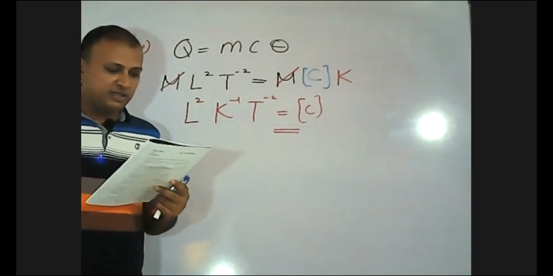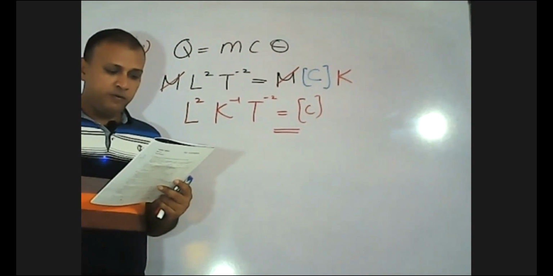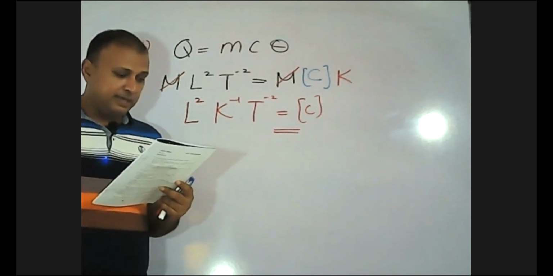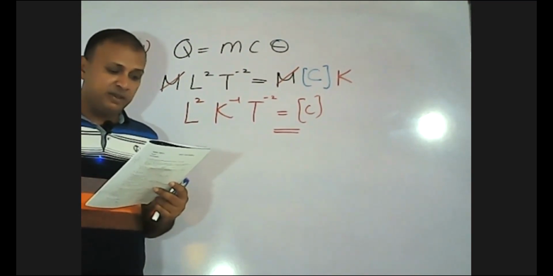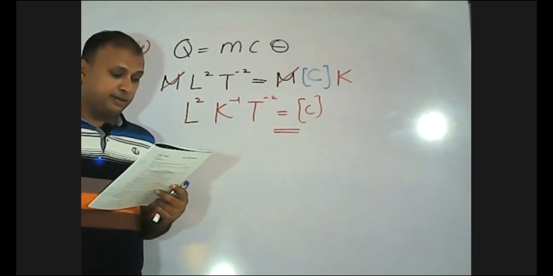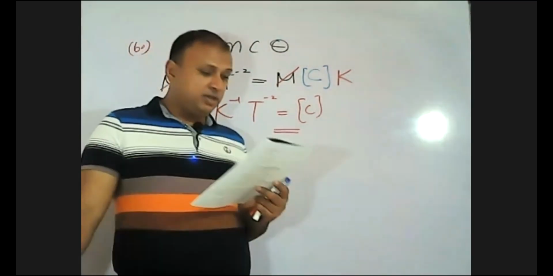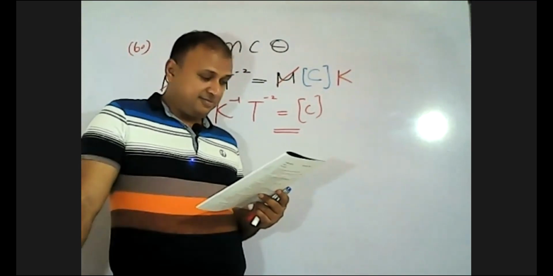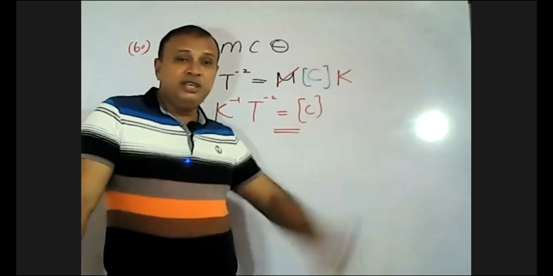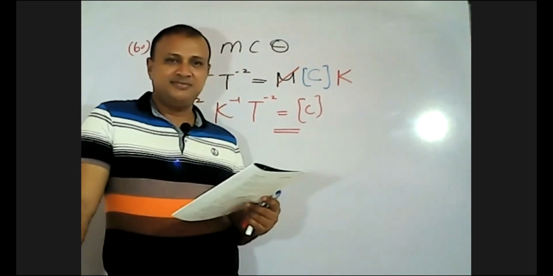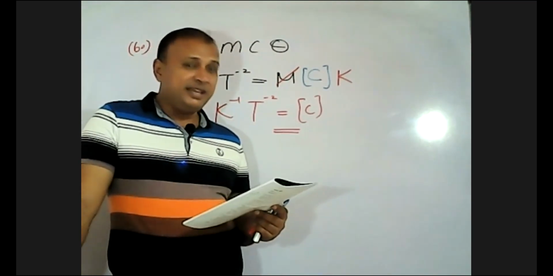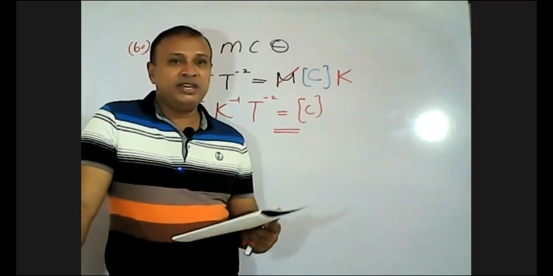The frictional force acting on a spherical object moving in a viscous fluid is expressed by the following equation, where A is the radius of the sphere, and V is the velocity of the sphere. What is the dimension of K? You can do this at once. At a glance, you can get the answer without doing any calculation.